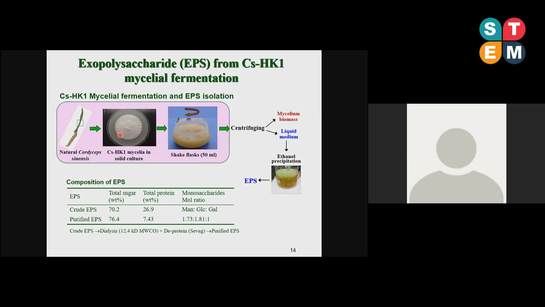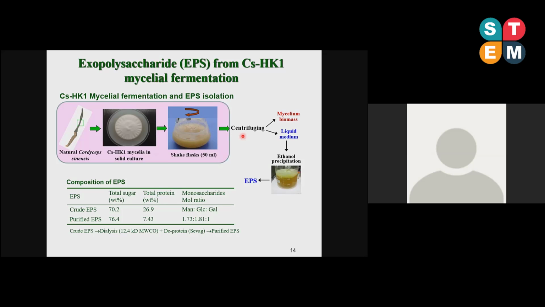This shows the appearance of CHK1 mycelia on solid medium. In the lab we usually cultivate it in liquid medium in shake flasks. Of course, we can also use a large-scale fermenter to grow the fungus. The culture takes about 6 or 7 days.